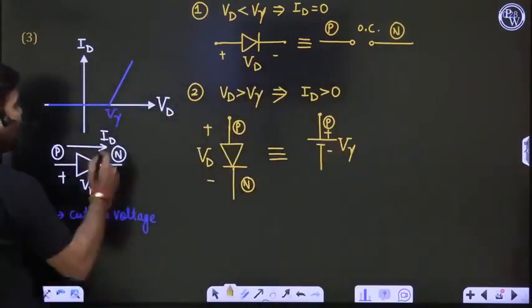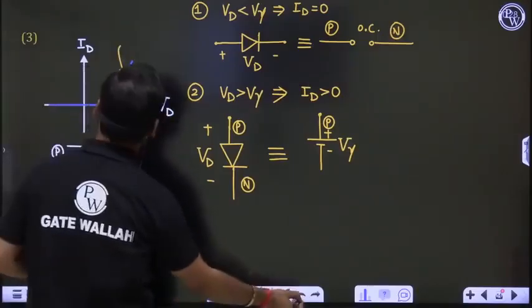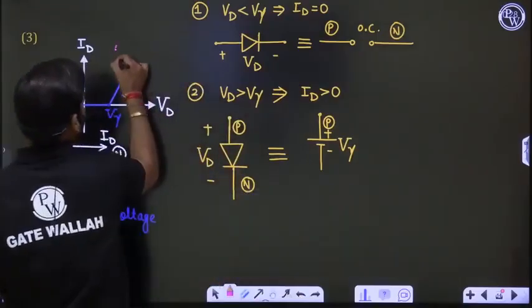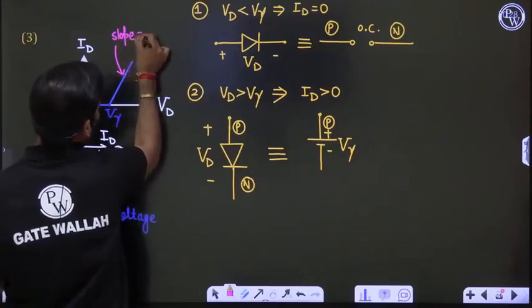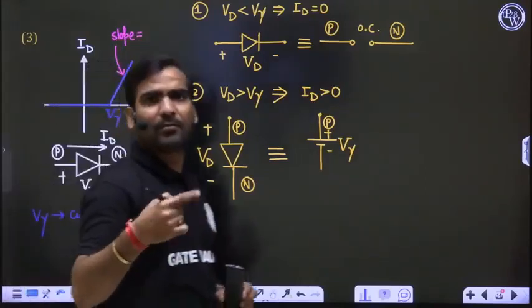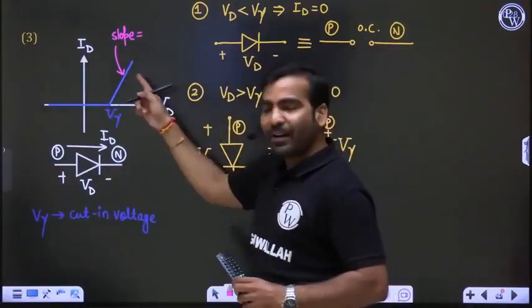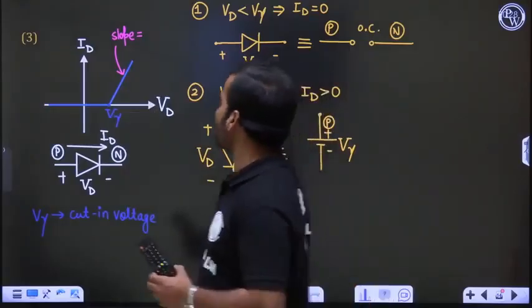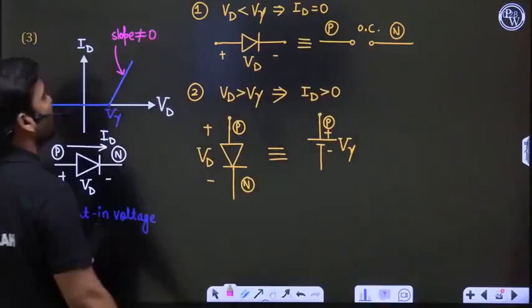But now look at the slope, how much slope we are having. Let me change the color of the pen. So this is your slope. What is the slope now? I am not writing the definition of slope right now. Is the slope finite or infinite? Slope is non-zero, slope is not equal to zero.